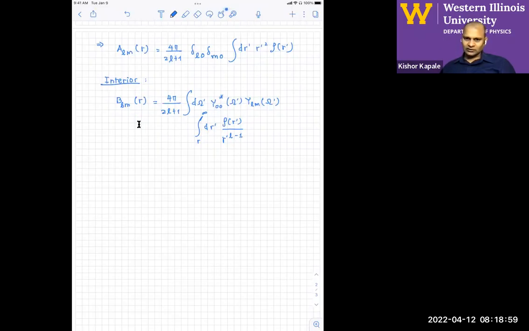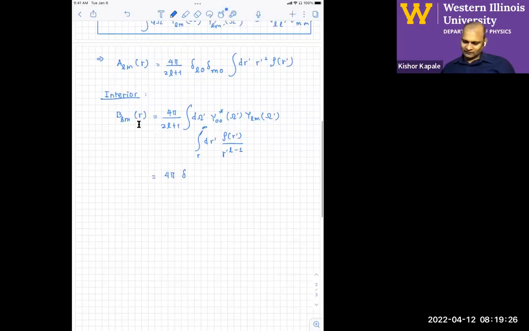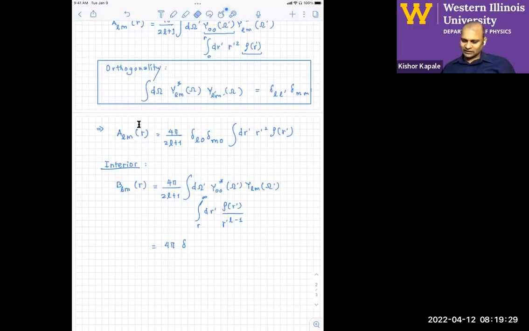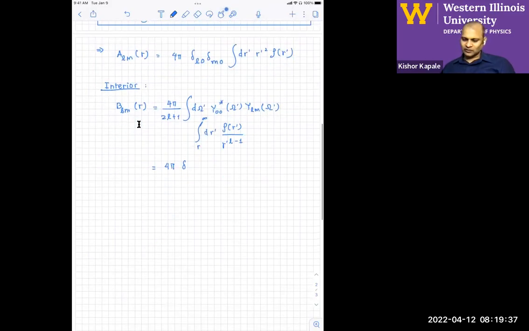Okay, that's just again going back to the expression and substituting things. Though we could have just avoided that r to the power L stuff because it's not needed. It is going to be compensated by the delta functions delta L0 and delta M0. And so this is going to be again 4 pi delta. Oh, I should not have even used this here, right? You don't really need the 2L plus 1 in the denominator because L is 0, so 2L plus 1 would be 1.